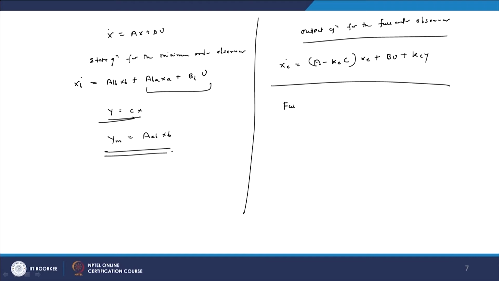Now, in order to get this, we have to compare the elements of the full order observer and the minimum order observer. Now, let us take the elements of the A matrix. For that purpose, first of all we write a table: full order observer, and here minimum order observer.